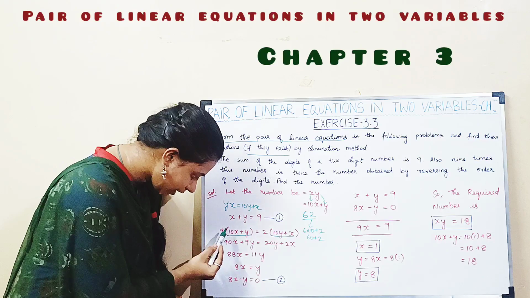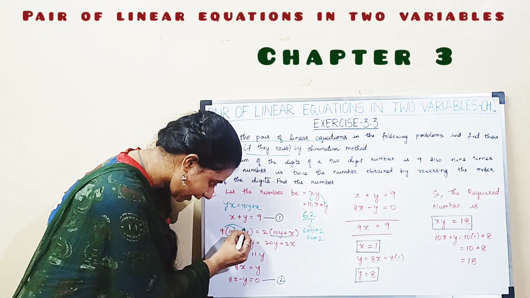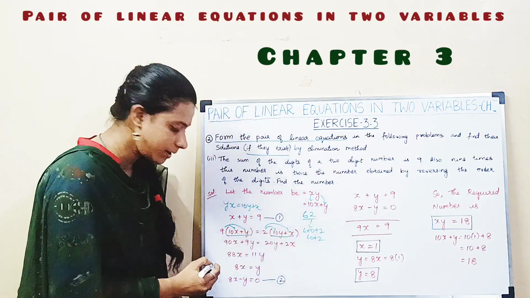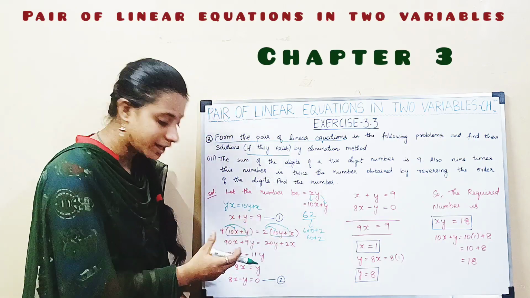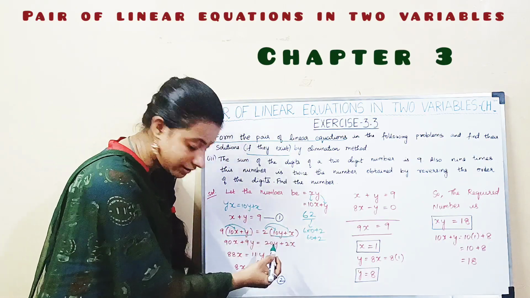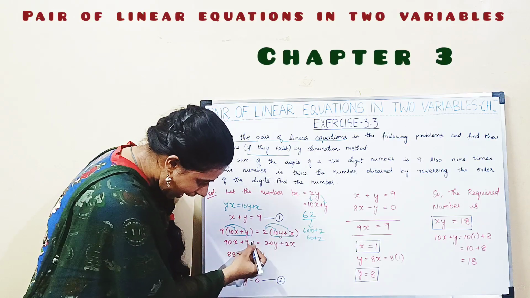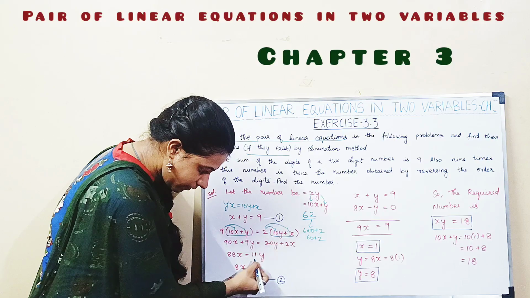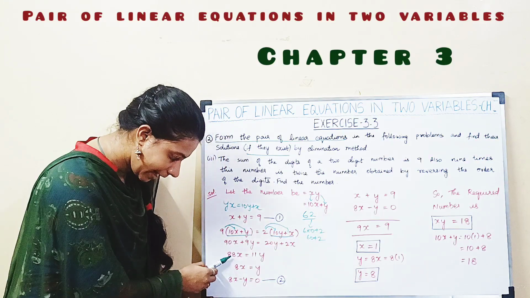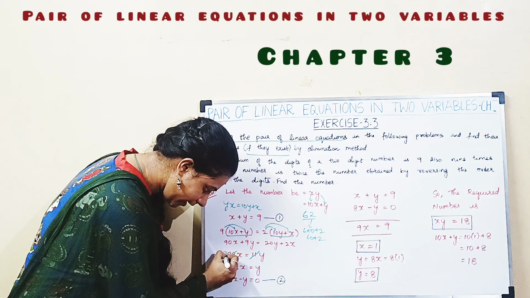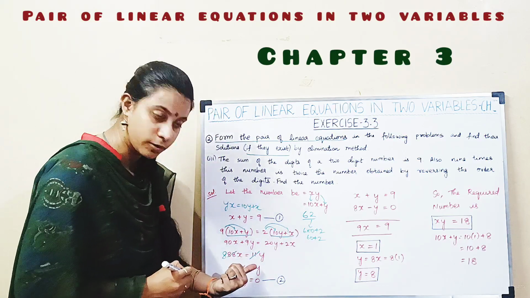On simplification, we will get 90x plus 9y will be equal to 20y plus 2x. Now bringing all the x variables to one side and y variables to the other side, we get 90x minus 2x, which is 88x, and 20y minus 9y, which is 11y. Here 88 is divisible by 11, so we can cancel it as 11 into 8, 88. So we get 8x equal to y.